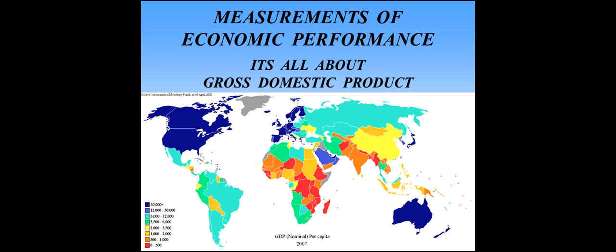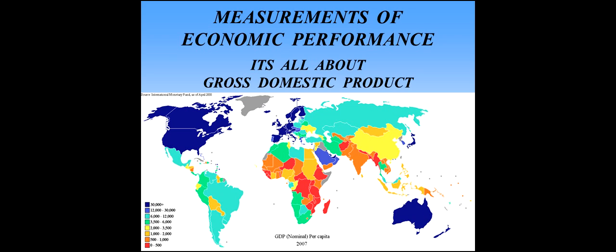We take the output for the country and we divide the population into it to get an output per head, if you will. And this is a chart from 2007. Notice the word nominal, and back to reference in our previous chapter about our measurements, nominal versus real. So this is the 1 year snapshot, 2007.